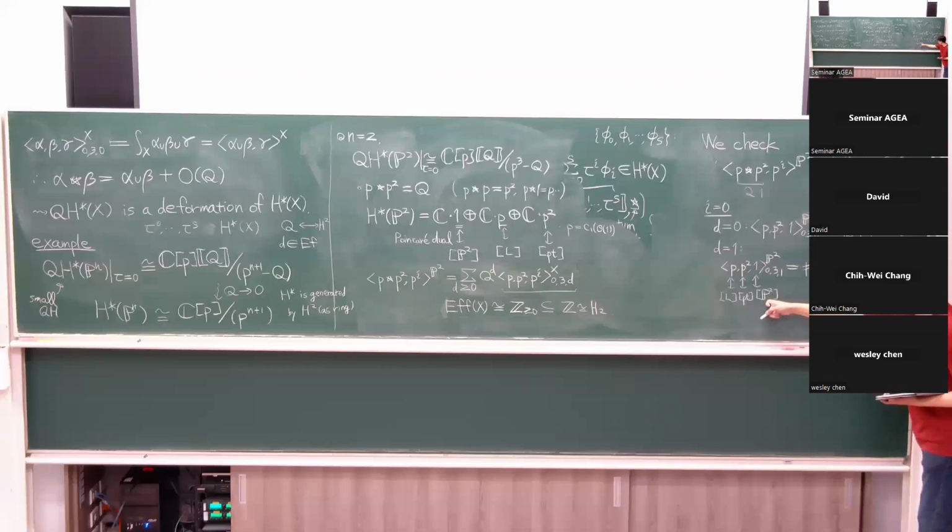But P2 automatically intersects, so C should intersect with L and the point. And we consider 3 marked points on C. For the first marked point, C intersects with the first subvariety, so we put the first mark here. On the second mark, we put here. And for the third mark, we can put it at an arbitrary point.